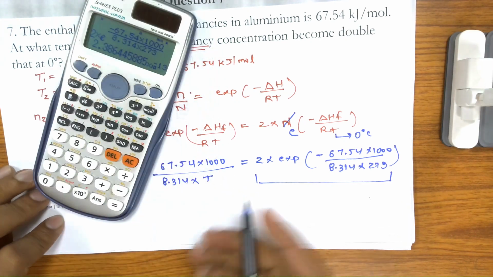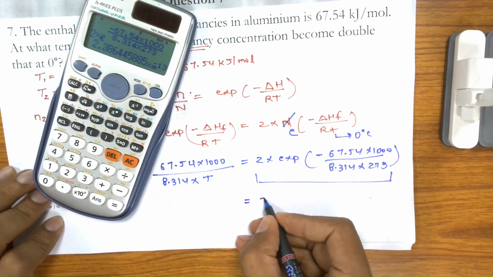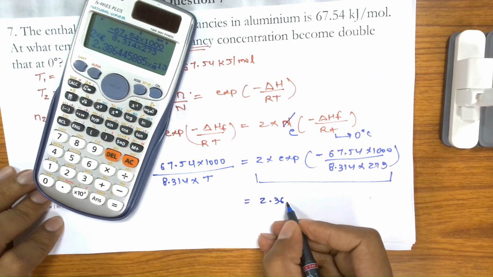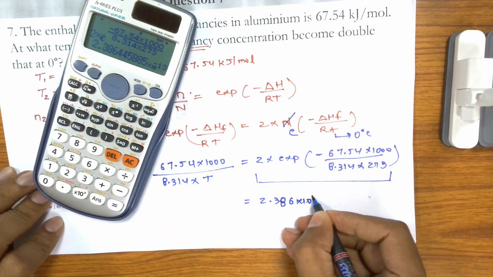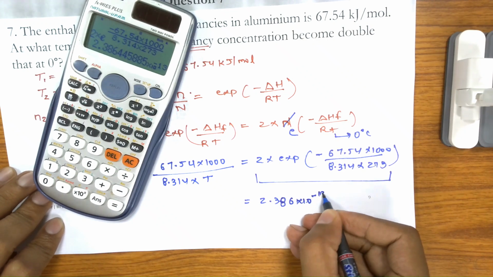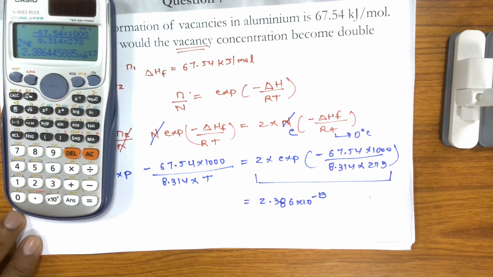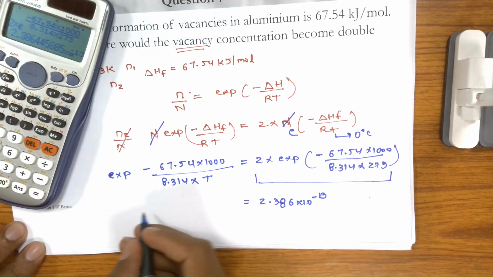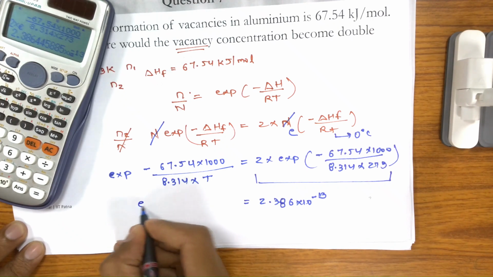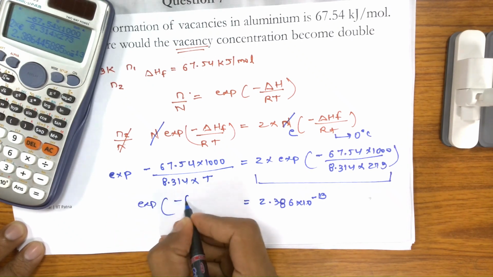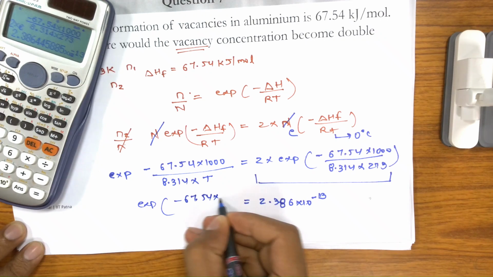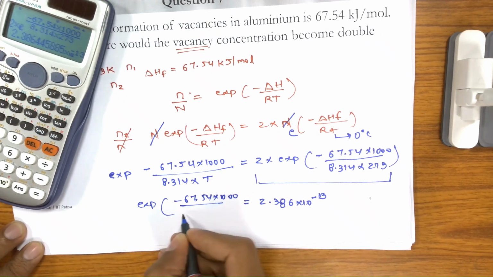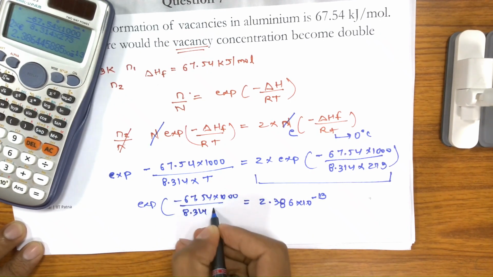So what we are getting is 2.386 into 10 to the power of minus 30. This is what we are getting. Now we have to take the exponential of minus 67.54 multiplied by 1000 divided by 8.314 multiplied by T.